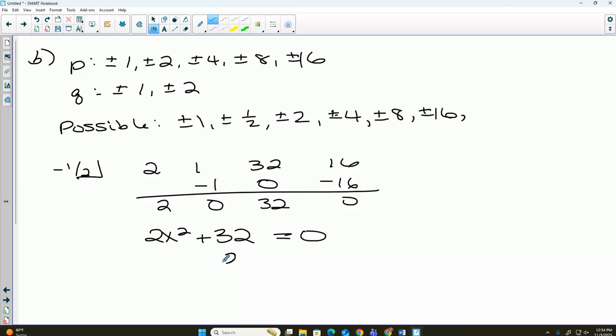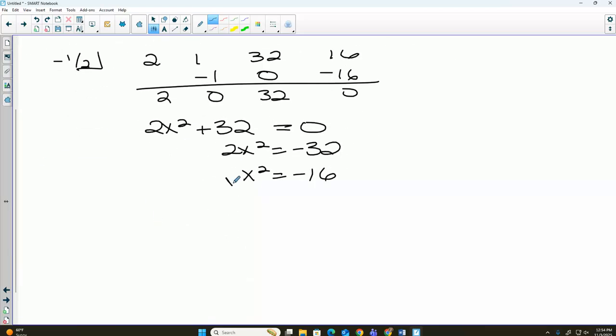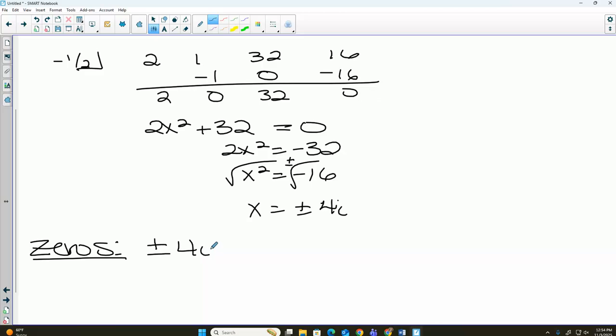If you set that equal to 0, so x squared is negative 16. To get rid of a square, square root, plus and minus. We get plus and minus the square root of negative 16 is 4i. So our zeros: positive and negative 4i and negative 1/2.